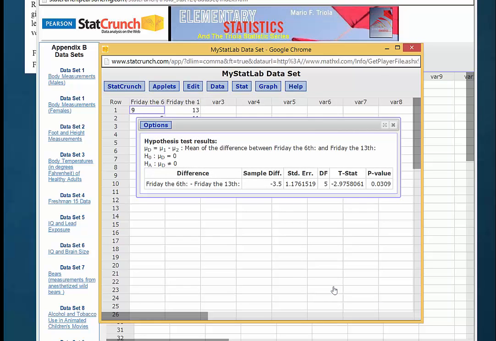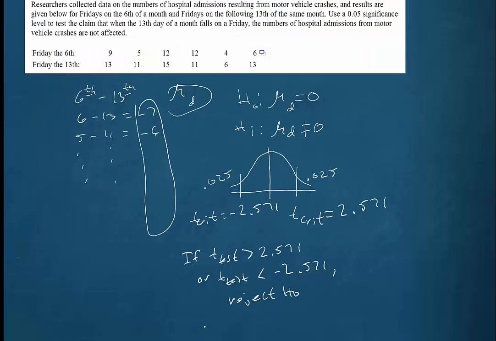We'll click compute, and we're going to get a t-statistic of minus 2.976 when we round to 3 decimal places. So our t-test value is minus 2.976. Now, we said that if it was less than minus 2.571, we would reject the null hypothesis, and we see that it is. So we are going to reject the null hypothesis.